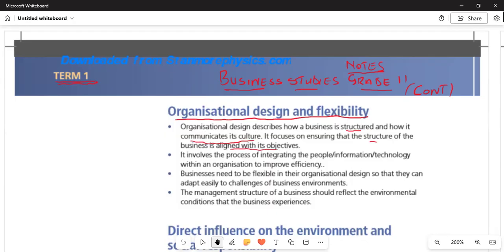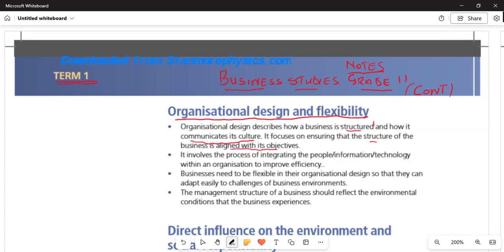What it means is that it describes how the business is structured, who reports to whom, the departments, as well as the hierarchy.